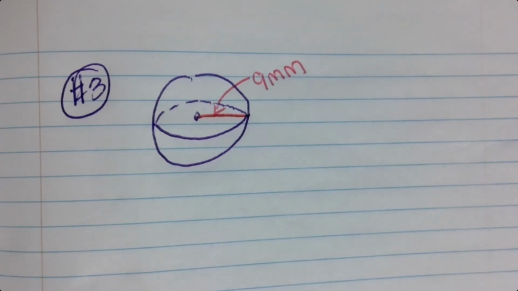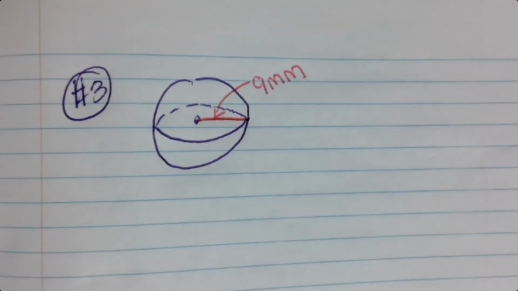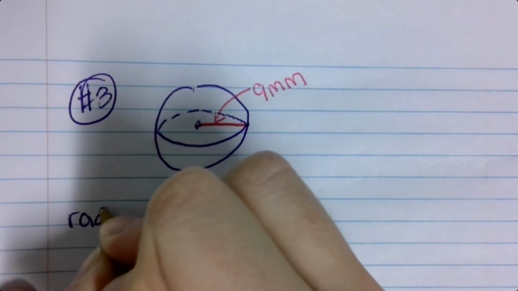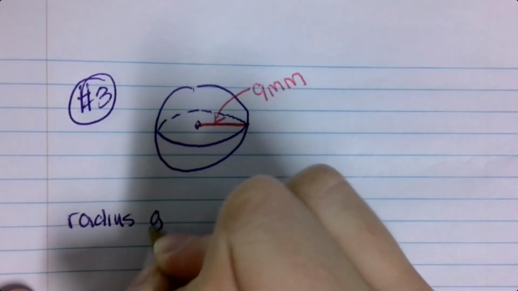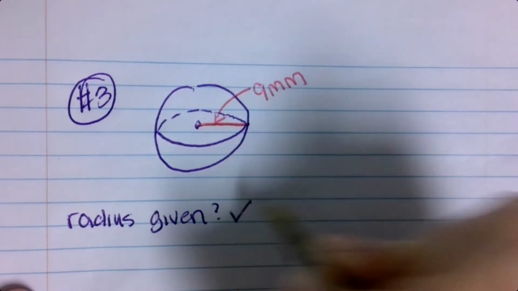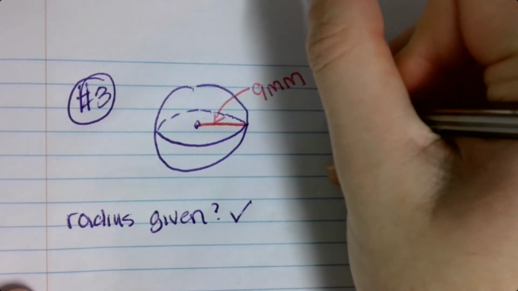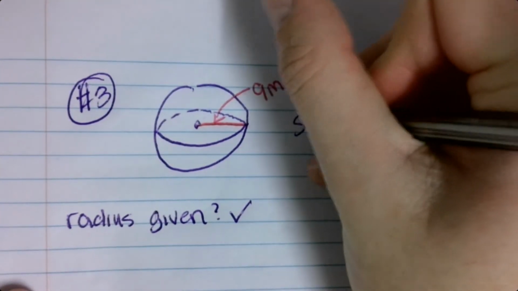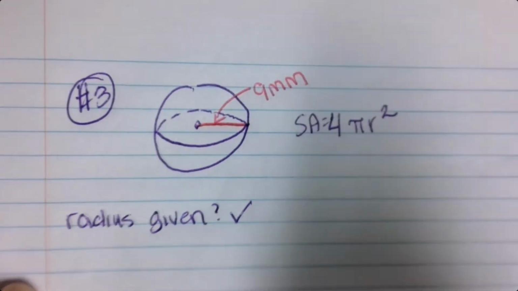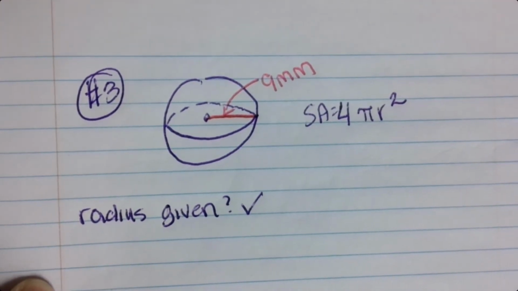Welcome back, or hello. So remember, the first thing that we look at if you are looking for hints is, was the radius given? It was in fact given, so you should have gone over here and plugged it into the formula.